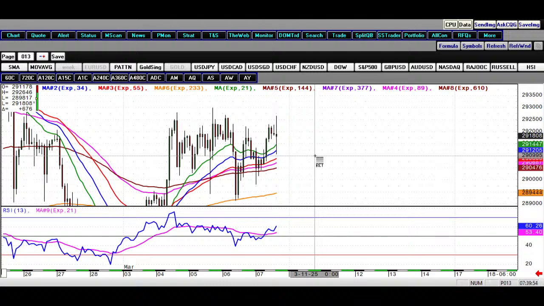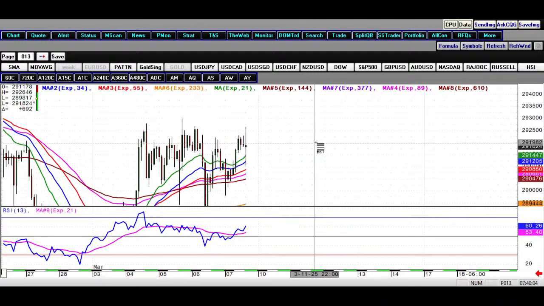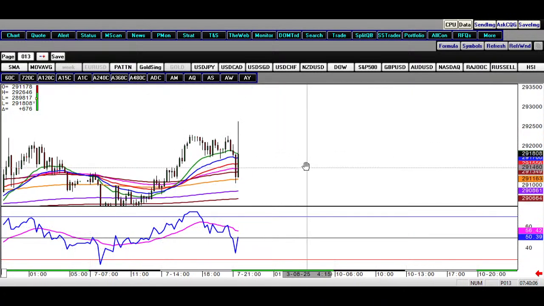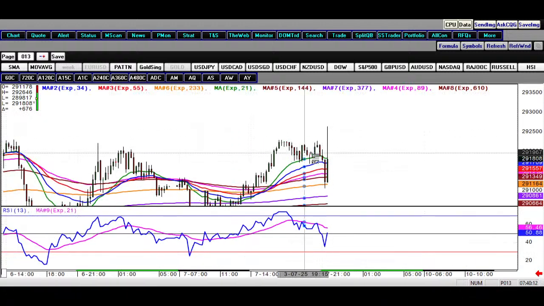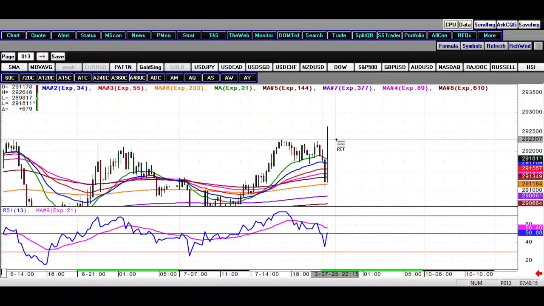Remember, I told you for the next 15 minutes we should see the price closing above 22 half. If we see the price closing above this price, then this would be a good trade to hold.